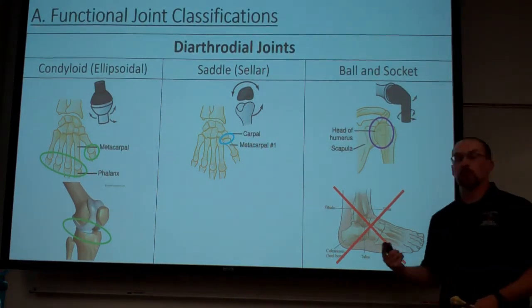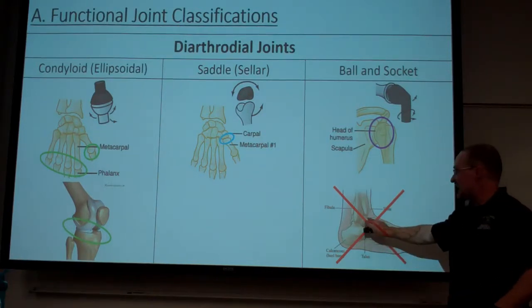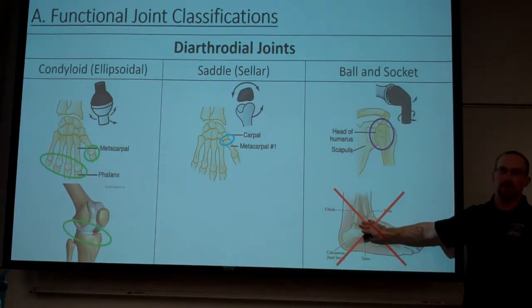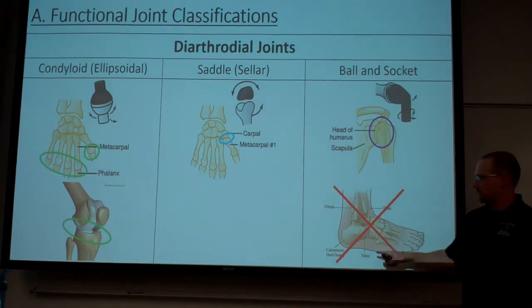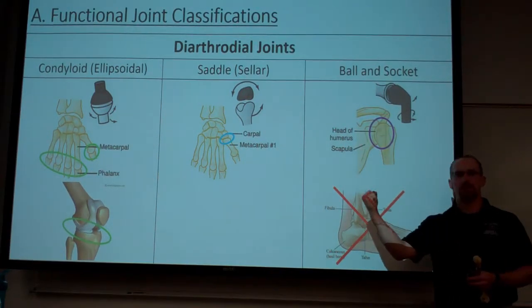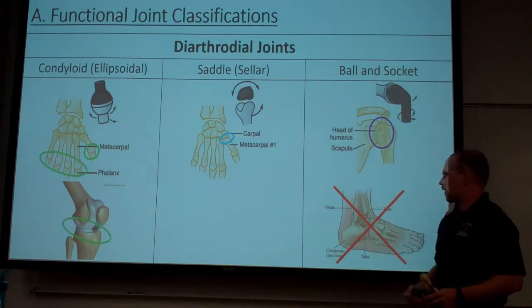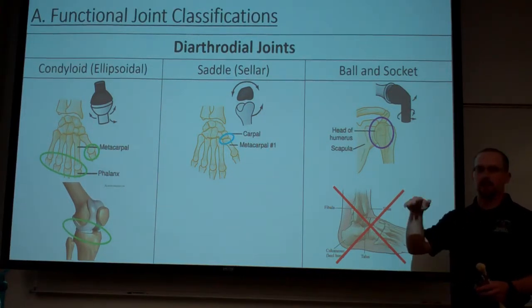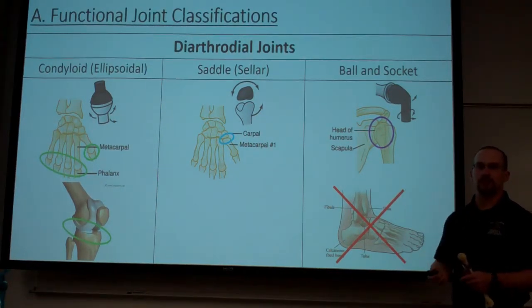Now, a couple points that we'll talk about later in the semester. The ankle is not a ball and socket joint. One, you don't really see a ball-shaped bone there. But also, there are actually two different joints that allow the ankle to move in all the different directions that it can.